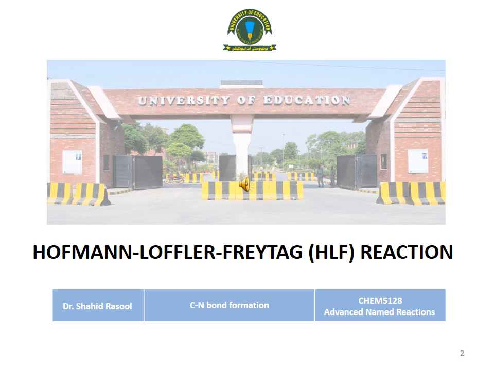That is, this new carbon-nitrogen bond is formed in a cyclic manner, in the form of a 5-membered cyclic ring, which is also known as pyrrolidine. So the Hofmann-Leffler-Freytag reaction is basically about the synthesis of pyrrolidines or derivatives of pyrrolidines.